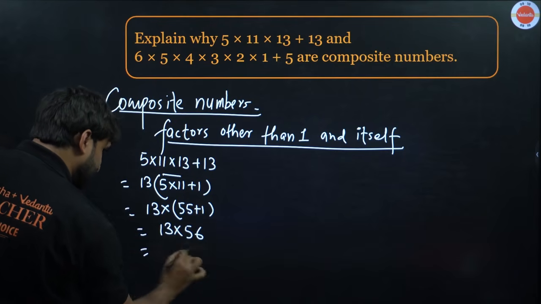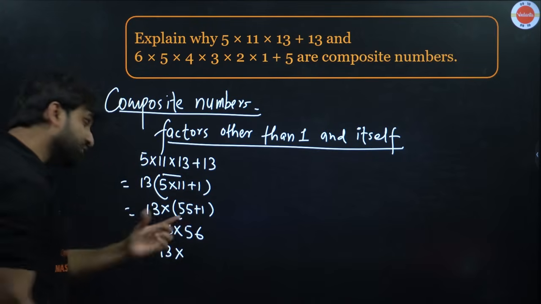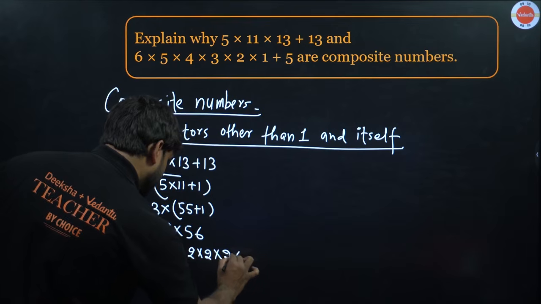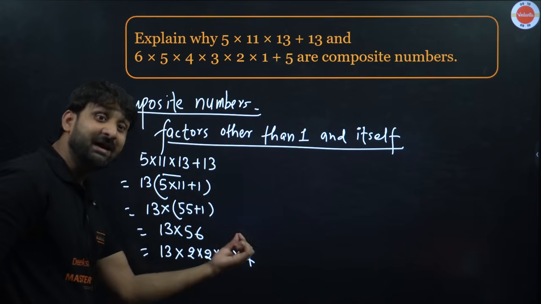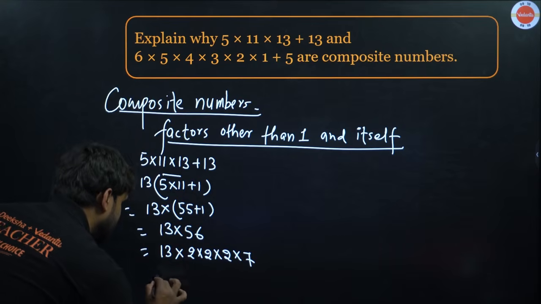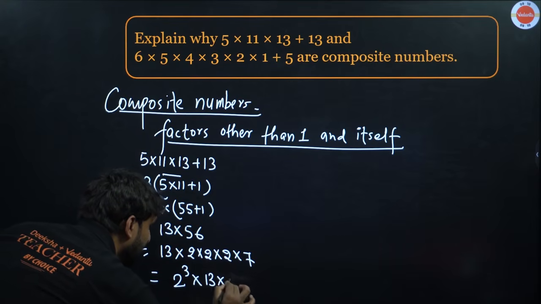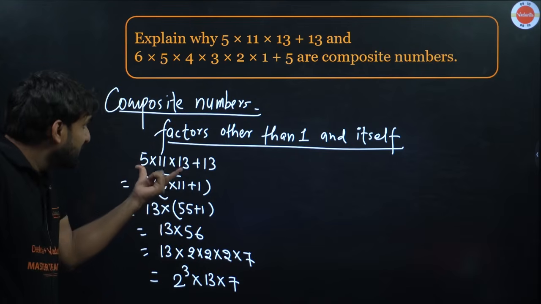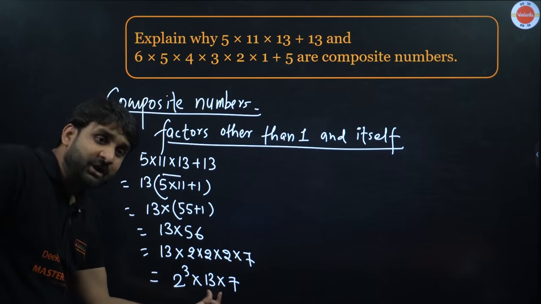And 56 can be written as 2 into 4 into 7, so it is 2 to the power 3 into 13 into 7. Can you see here? This given number has prime factors 2, 13 and 7.